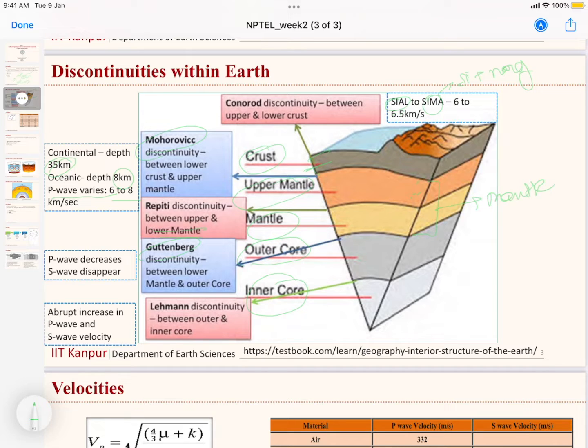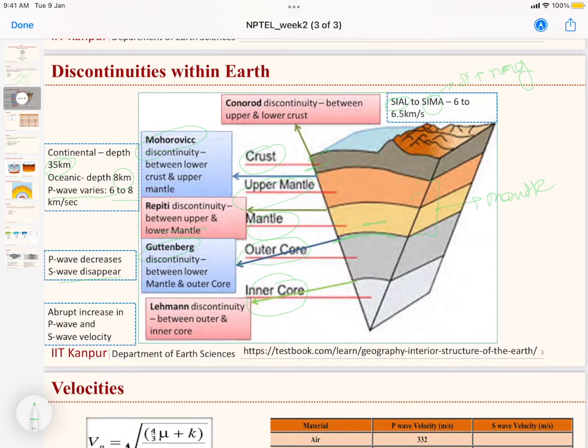Before explaining the contrast, first understand where this discontinuity exists. It exists between the lower mantle and the outer core. So here is the location of this discontinuity. Here the P wave velocity suddenly drops and the S wave velocity disappears.